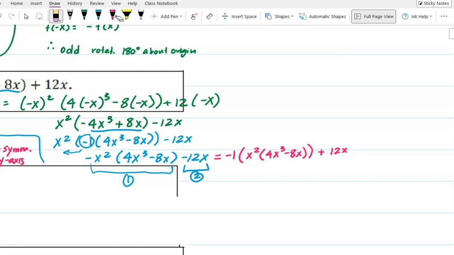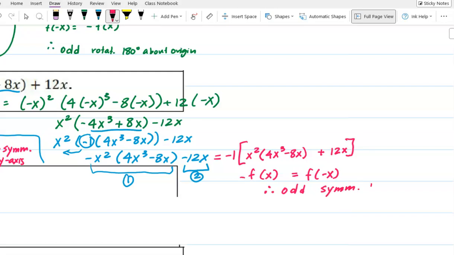Oh, wait a second. No. I want to do it this way. That's good. There you go. I took it out of the whole thing. Now, that just is a negative g of x, and I got that from inputting a negative x. So therefore, this is odd. And it has that rotational symmetry about the origin. There you go.